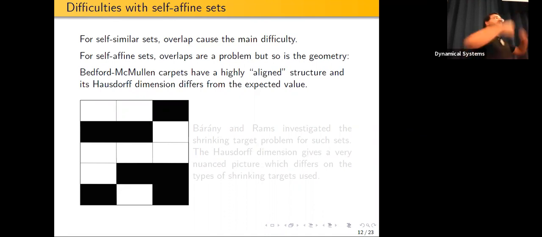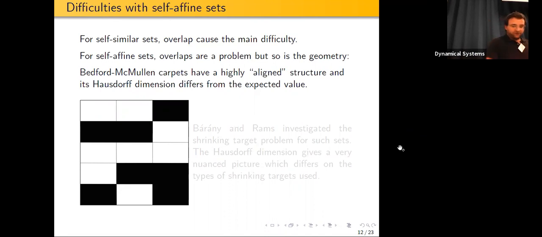You continue iterating this, and you will get something which is heavily skewed. All these ellipses, these rectangles, become very elongated in one direction. For this highly aligned structure, things go wrong, seriously wrong. Generically, these no longer satisfy this generic equation. If you just take this specific subclass of sets, you will get different results.